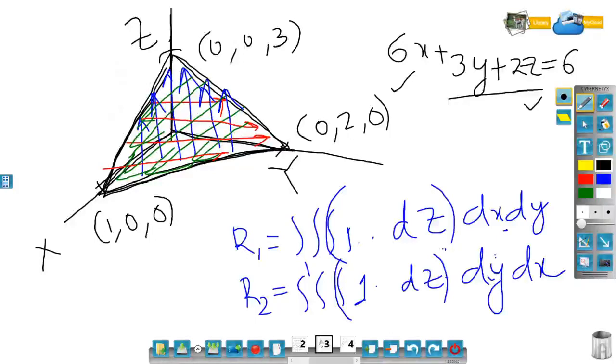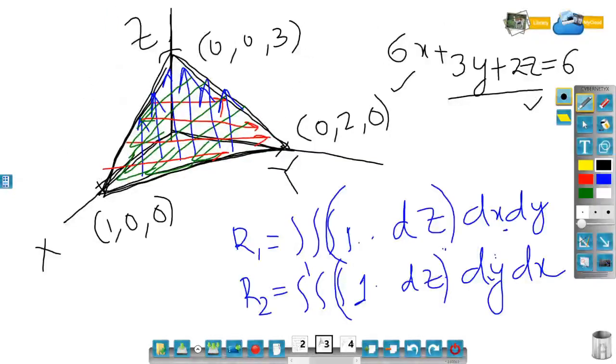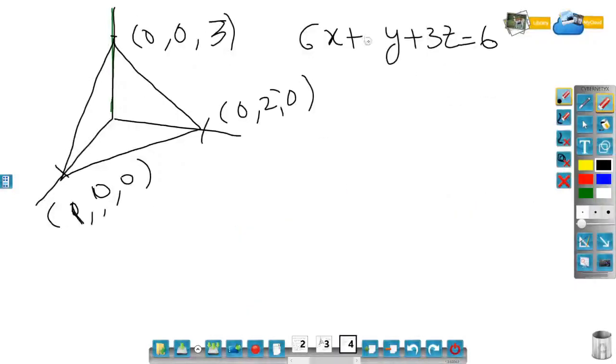So what is the equation of the tetrahedron? 6x plus 3y plus 2z is equal to 6. I missed something, it should be 6x plus 3y plus 2z.